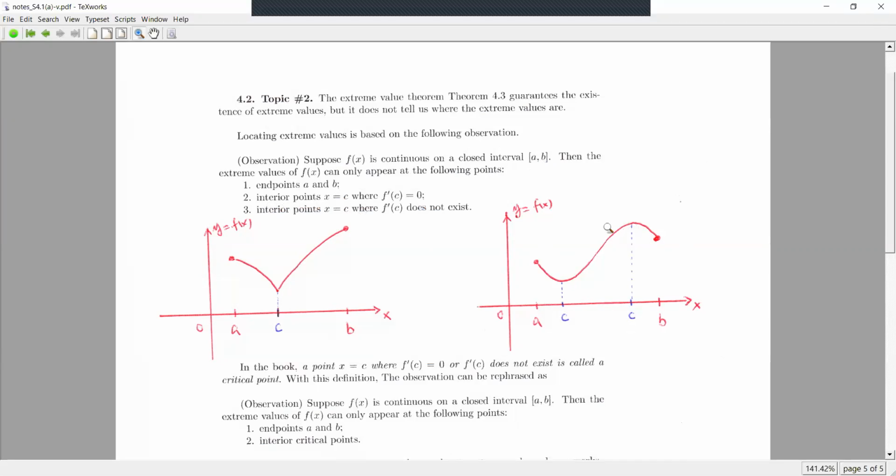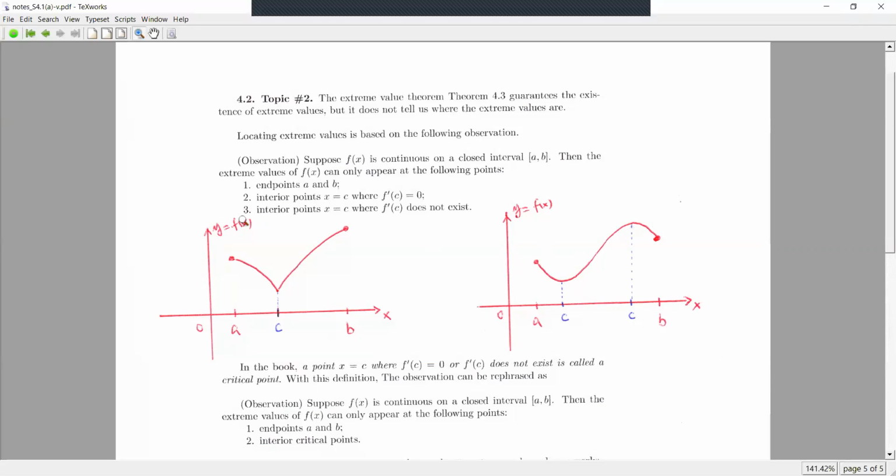Maximum is here, so there the tangent line is horizontal, the derivative there is 0. This is a minimum point. There, the tangent line is horizontal, or the derivative is 0.